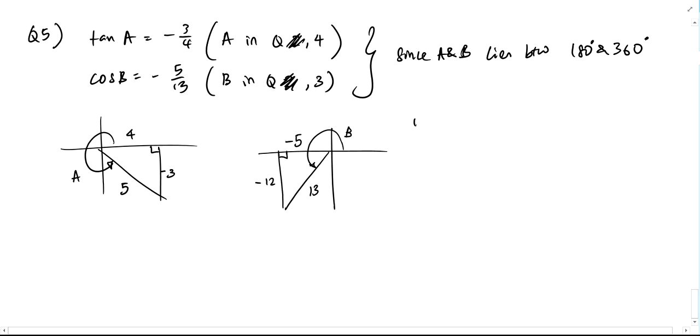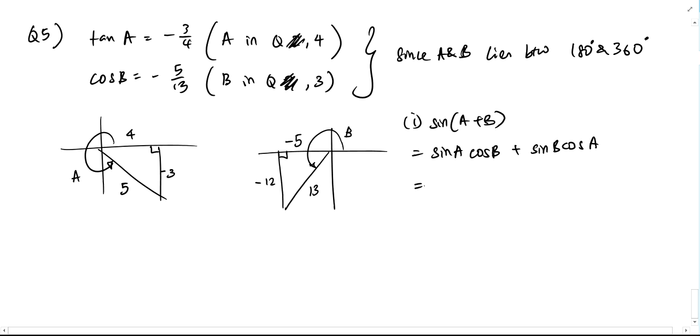So for part 1, sine of A plus B, we expand to be sine A cosine B plus sine B cosine A. All these we can get from our triangles.